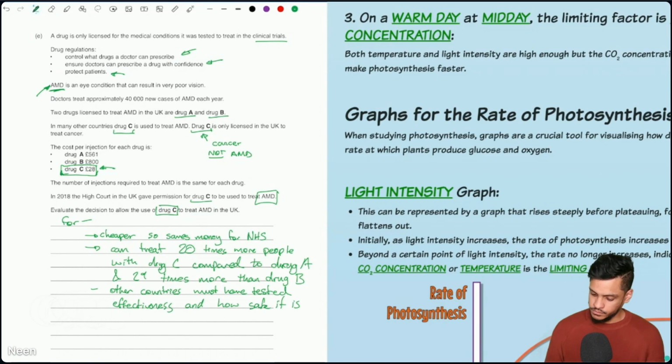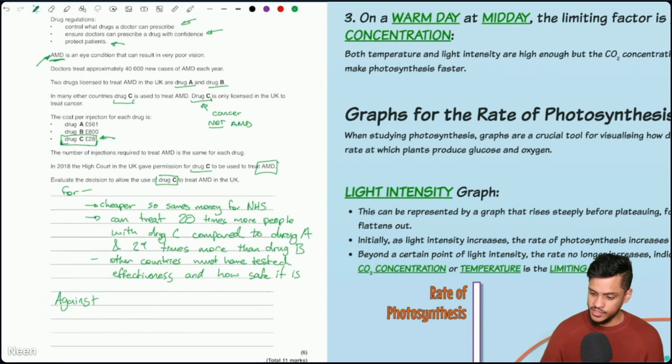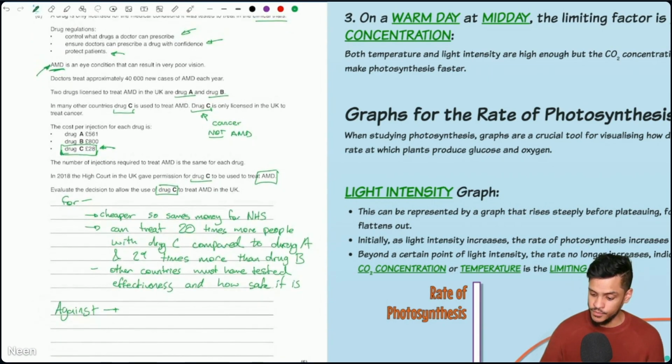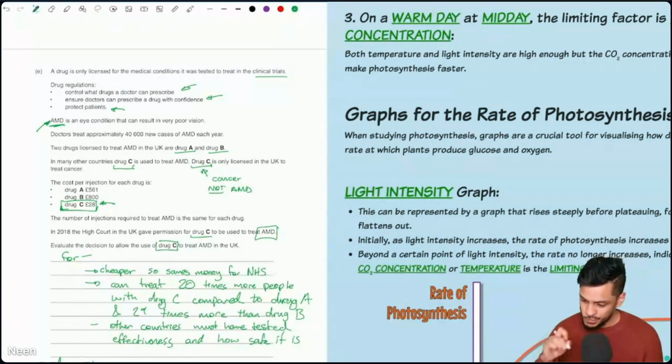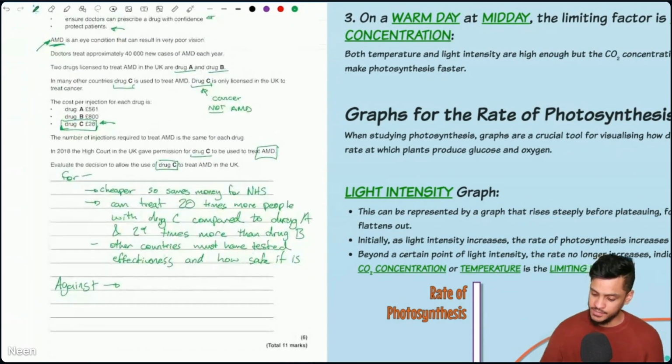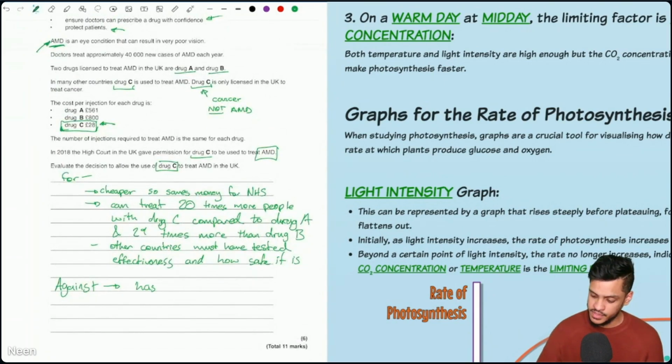Yeah. And then for against, what could you say against? It's not been tested in the UK. It's only been tested for cancer, it says. Because something's only licensed if it's been tested for that disease. It hasn't been tested in the UK. That's a bad thing.